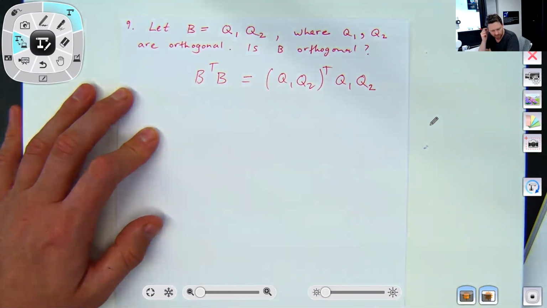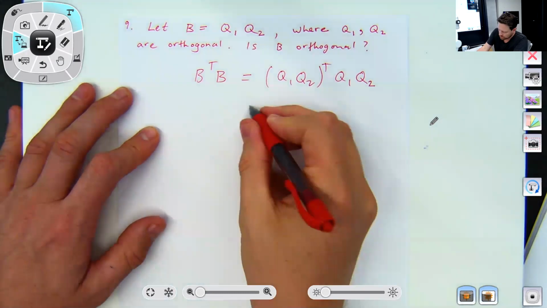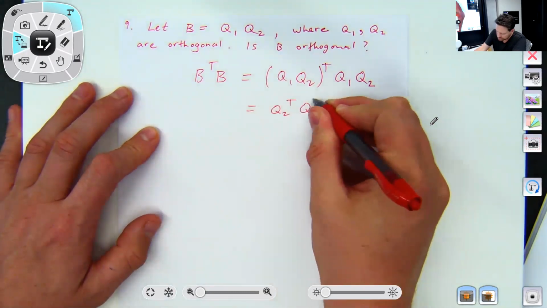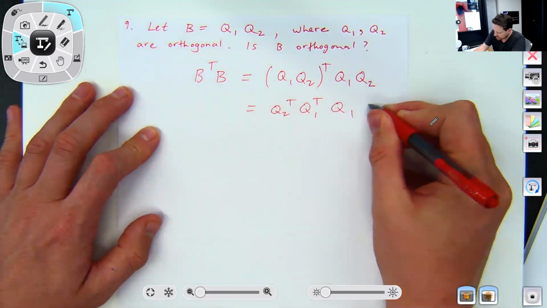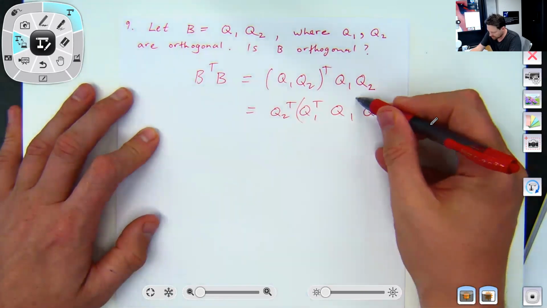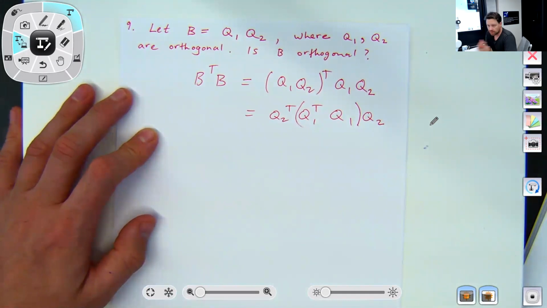The transpose of the product is the product of their transposes, but in reverse. So we have Q2 transpose, Q1 transpose, Q1, and then Q2. Okay, but let's note, I want to put the bracket around that. Remember, multiplication is associative, I can just do that.